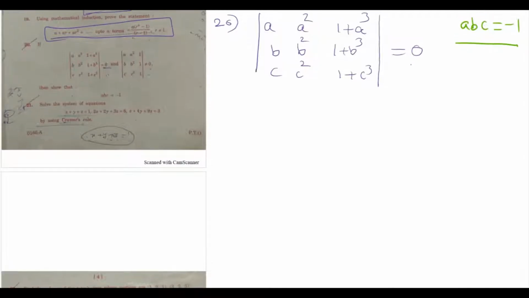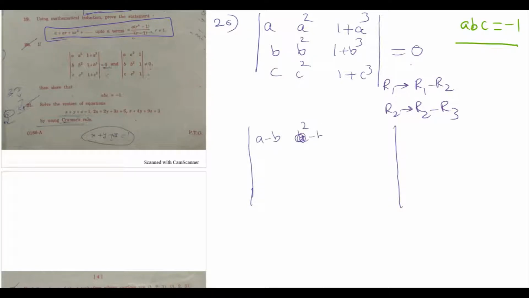Applying the row operations, R1 implies R1 minus R2 and R2 implies R2 minus R3, I'll get the matrix. This is the determinant of: A minus B, A square minus B square, and here it is 1 plus A cube minus 1 plus B cube, which is A cube minus B cube.